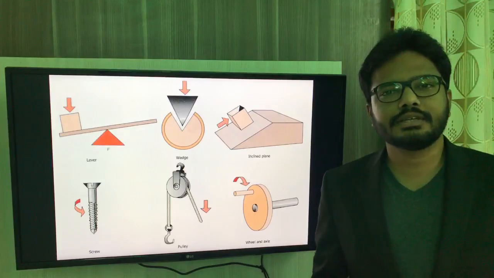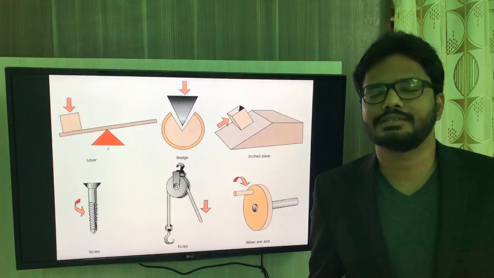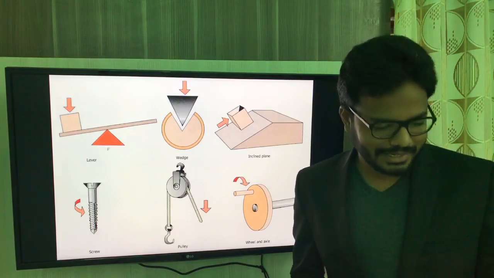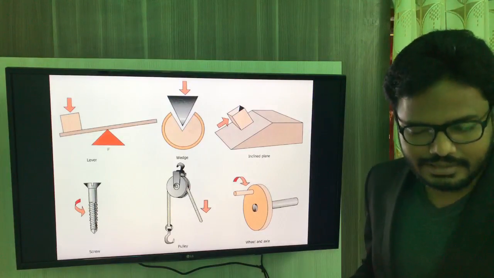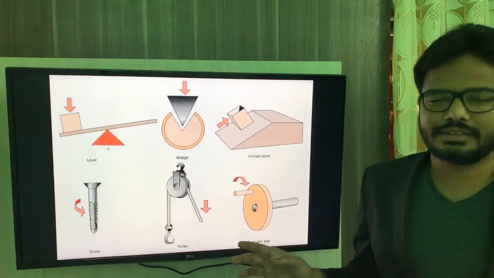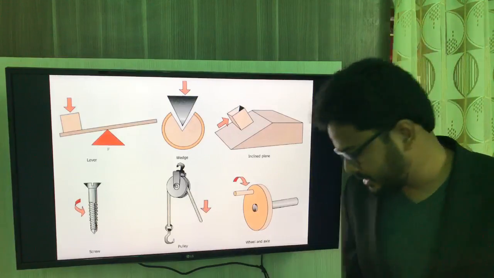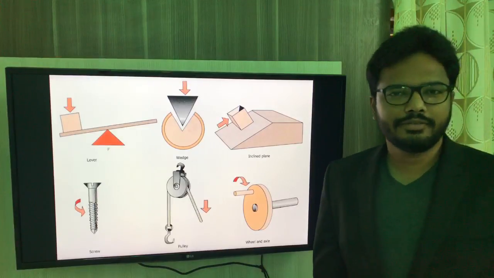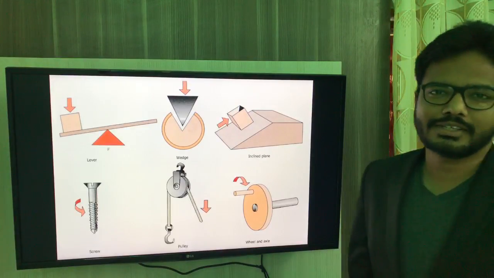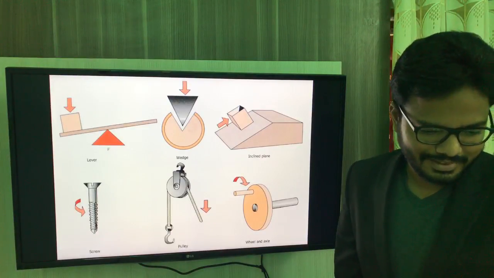We have simple machines and complex machines. Can you define a machine? Have you heard this question anytime? These are all simple machines. If someone asks you to define a machine, have you heard that question anytime?